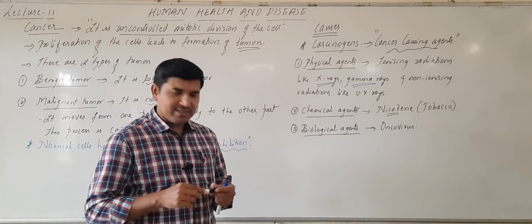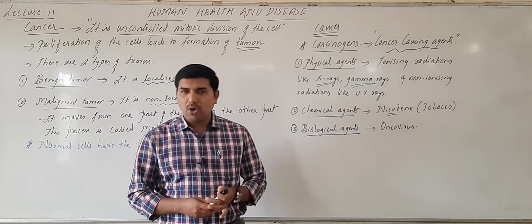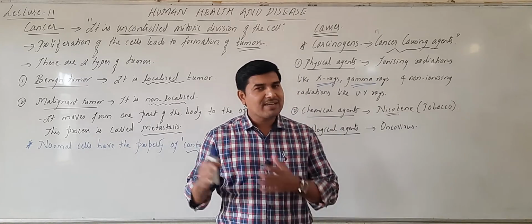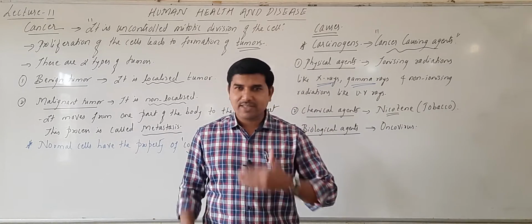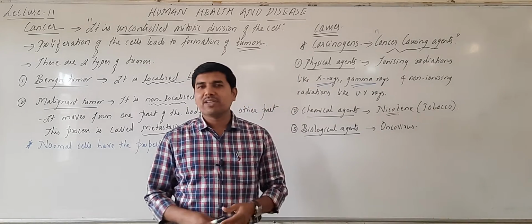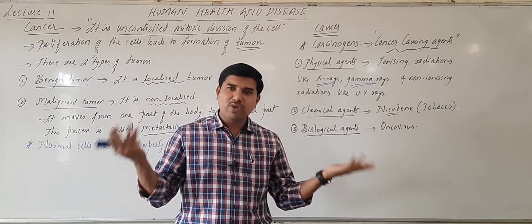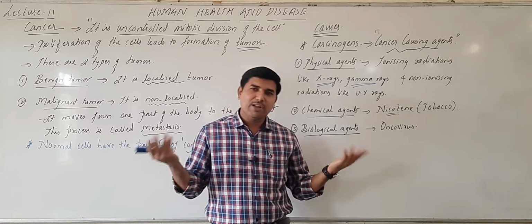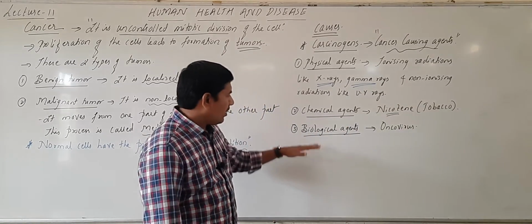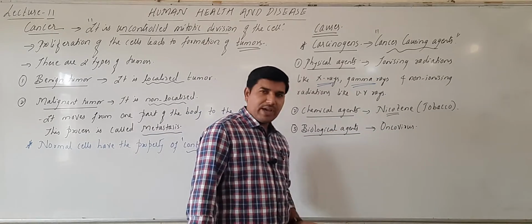Onco refers to cancer, so cancer causing viruses. The study of cancer we call oncology, and cancer doctors are called oncologists. Here the biological agent refers to viruses. There are certain viruses called oncoviruses whose number is very small. Otherwise, if these viruses had come to most people, they would have killed them with cancer. So, the biological agent is the oncovirus, the cancer causing virus.